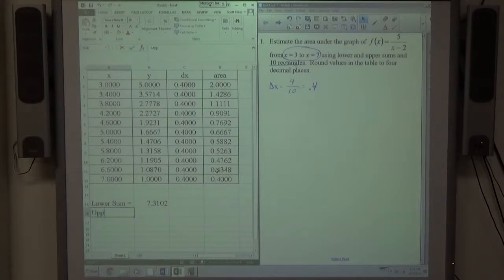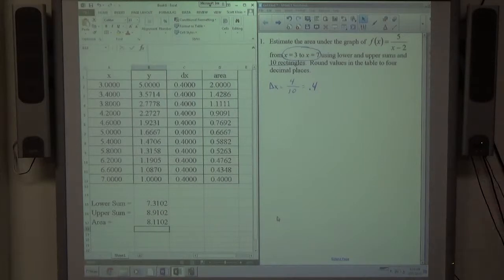For upper sum, that's going to equal the sum of the biggest 10. And the area is going to be the average of these two. So that's the answer I'm looking for.